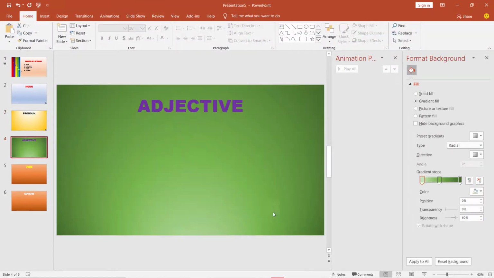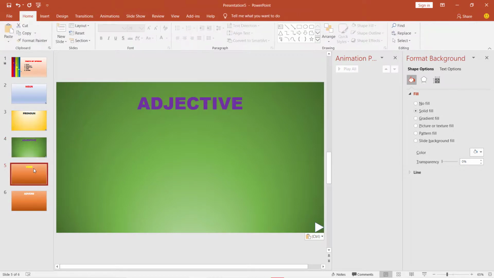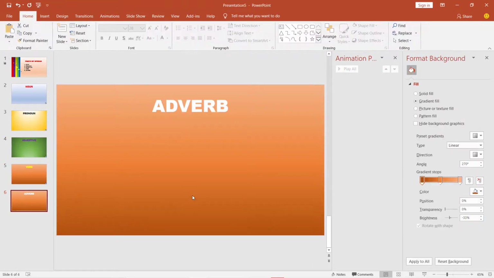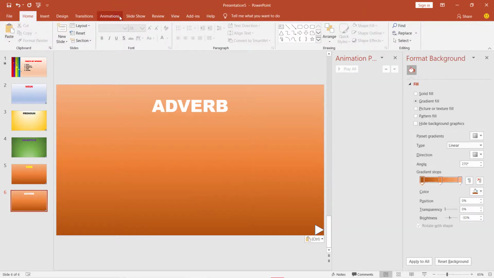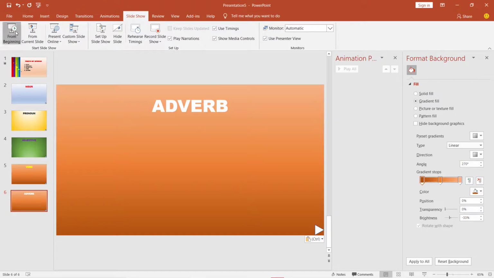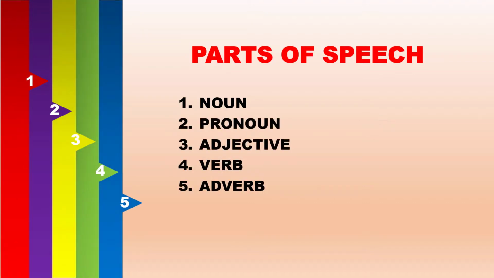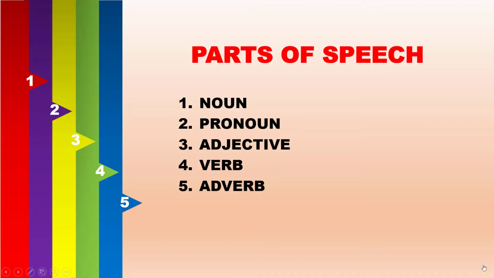Since I've linked it to home page, it will always take us back to home page. I think it should work. Let's try it. Right, now let us preview our work. Slideshow from beginning. Right, let's go to 3. Now let us click this. It will take us back to the first page.